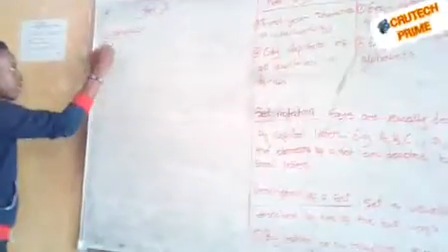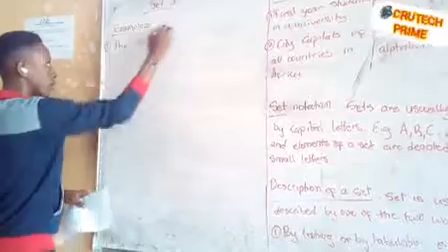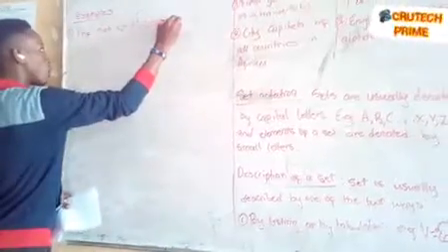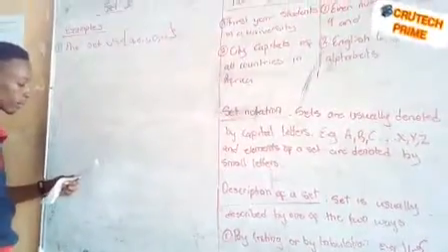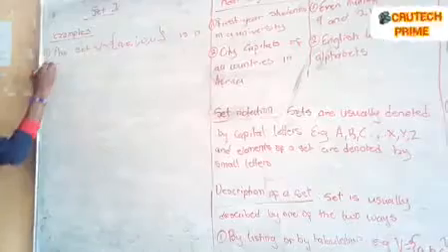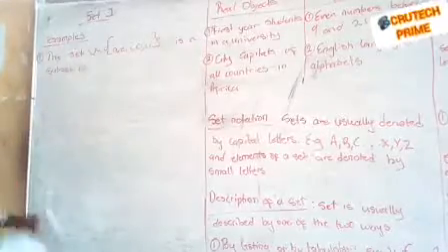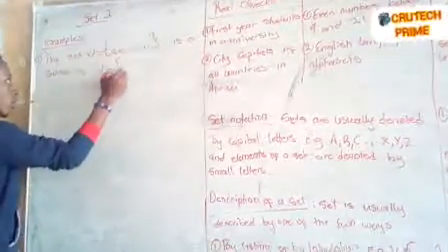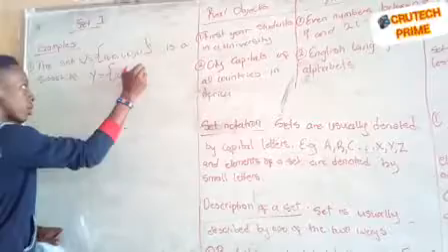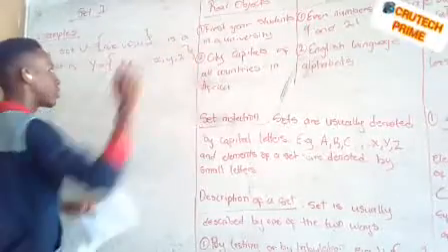Let's say the set V has the elements A, E, I, O, U. It's a subset of Y. So Y has A, B, C down to X, Y, Z. Now this means Y has all the alphabets.